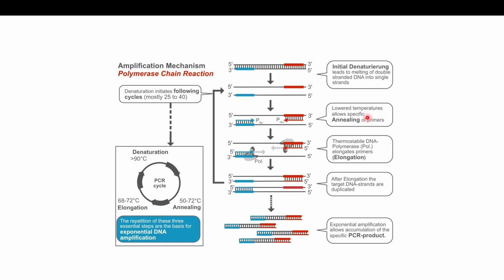The temperature has to be lowered to let the annealing process happen. Then finally the polymerase enzyme helps, and one kind of enzyme is Taq polymerase, which is a thermostable enzyme, because the whole solution is put inside, and then the different cycles of temperature go on.